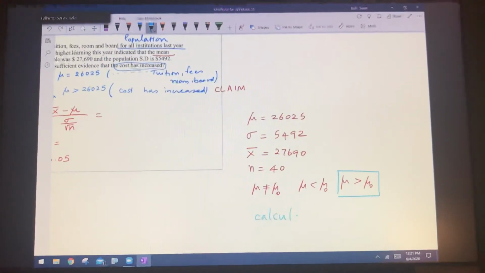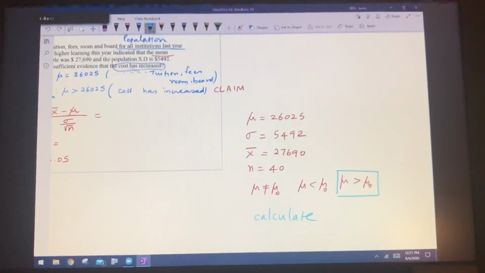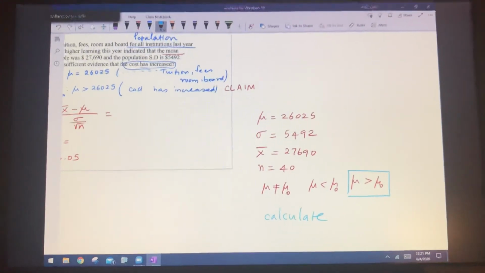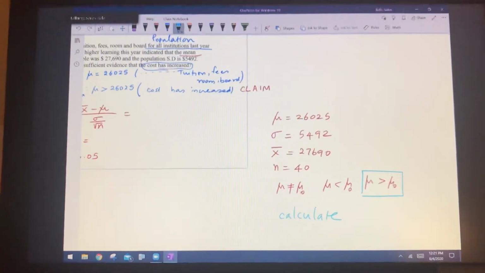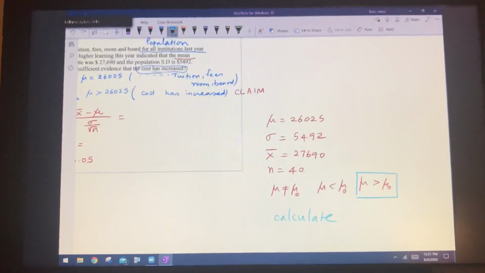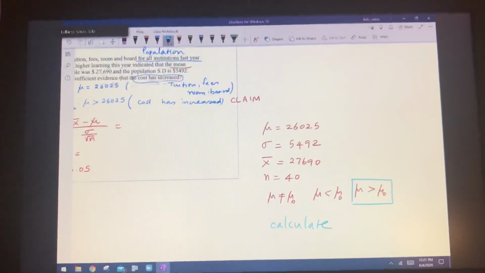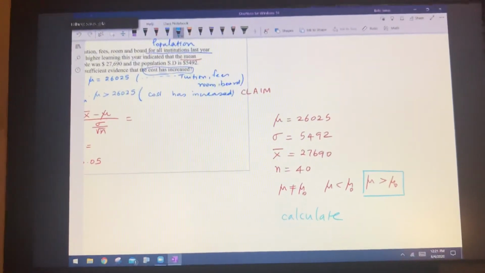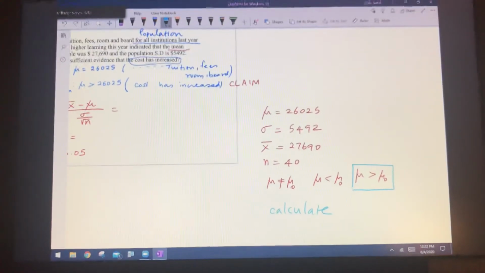So what do you see? It is 26,025, and then the sigma value is 5492, and then my sample mean is 27,690, and then my sample size is 40.